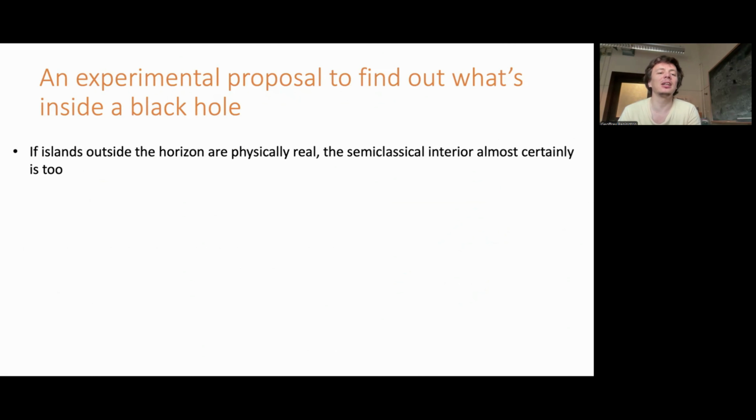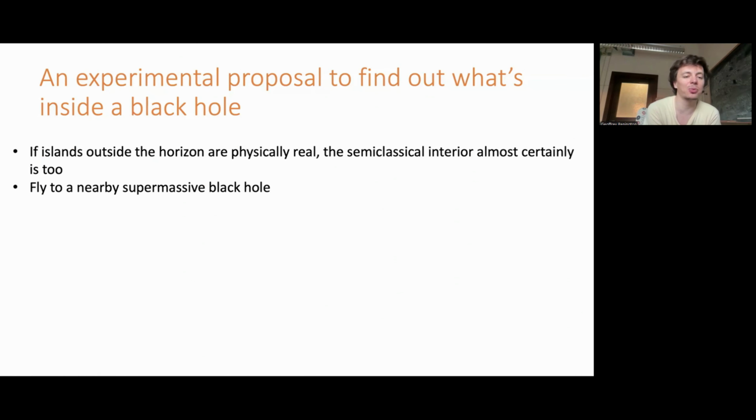Well, if islands outside the horizon are a real physical region of space-time that you can go into and outwards and so on, then I think it's reasonable to say that the interior should also be real too. The semi-classical interior predicted by general relativity should just be there. There's nothing more problematic about the interior than there is about these islands outside the horizon. So if you accept what you need to accept to get the former, you get the latter.